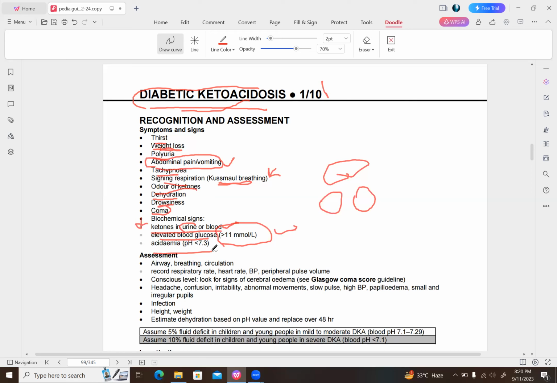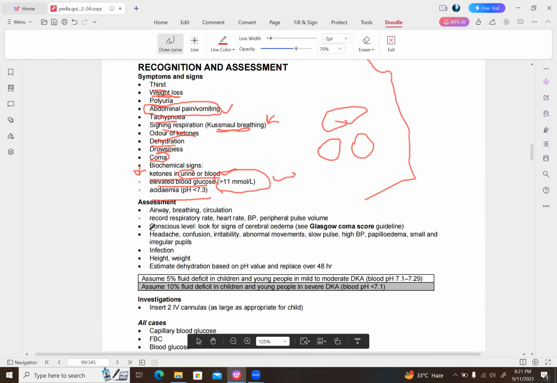So now suppose this patient came and I am on duty. Now how do I proceed, what will I do? First of all, as the patient came in coma or drowsy, I start with the basic ABCs.